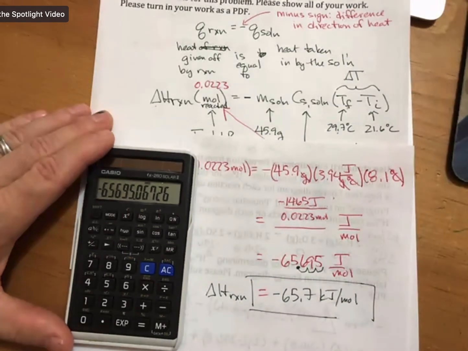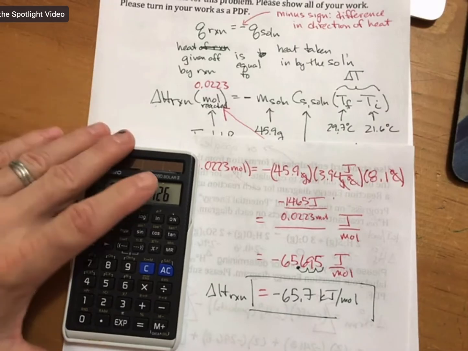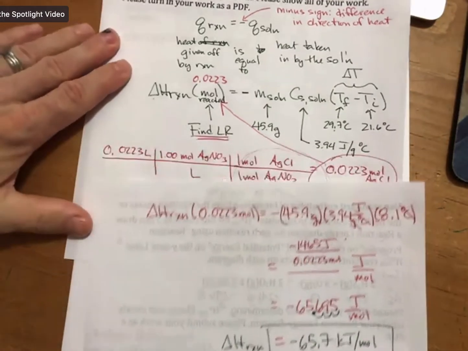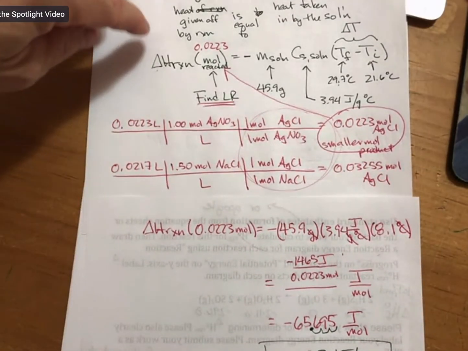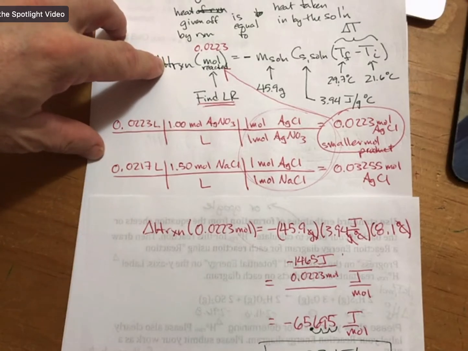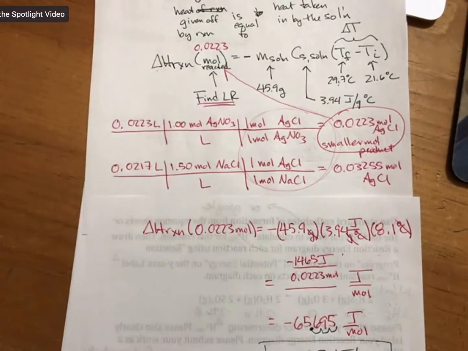Okay. So that's the end work. You've got your limiting reactant. You've got your delta H reaction. That's pretty much showing everything.